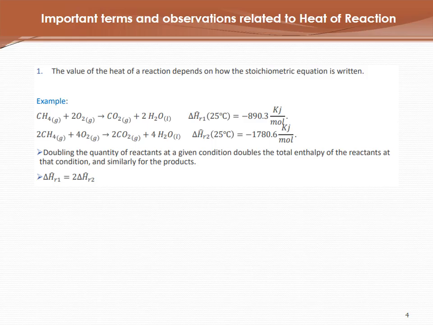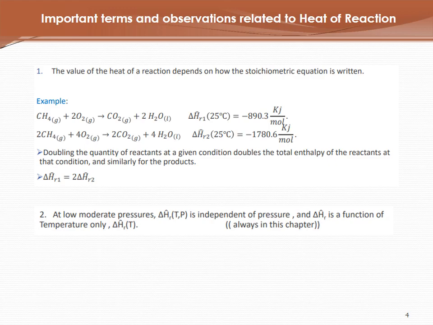Now, imagine if you were to double the reactants, that is, use 2 moles of methane and 4 moles of oxygen. If you look at the corresponding heat of reaction, you will see that it gets doubled. The takeaway from this is that when you double the quantity of reactants, the total enthalpy of the reactants and also the enthalpy of the products gets doubled as well.